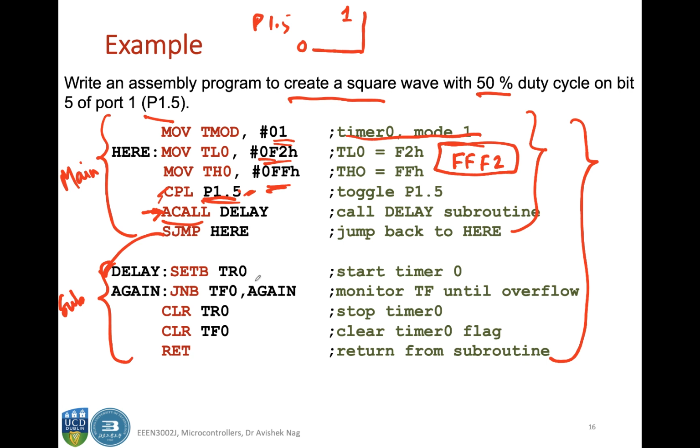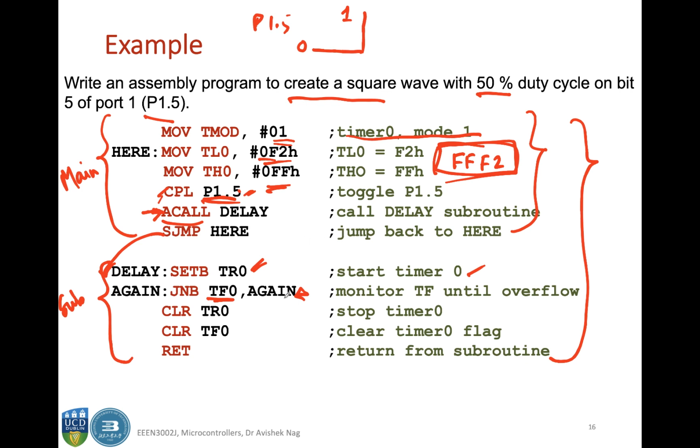Inside the delay subroutine your timer 0 is started, and until the timer flag 0 is overflown, it stays in this line. That means here you start the timer, it initially has this value, and it starts counting from FFF2 to FFFF.